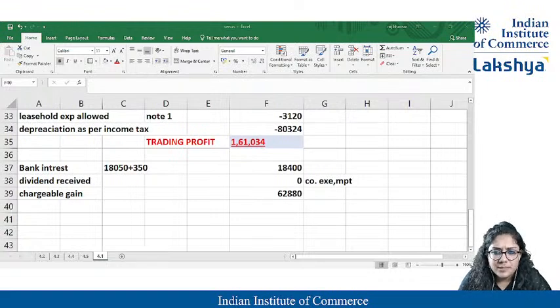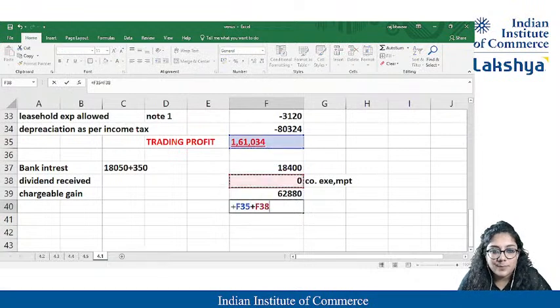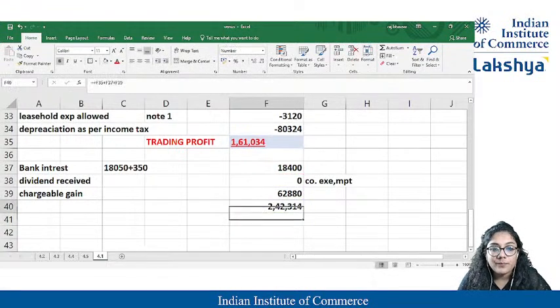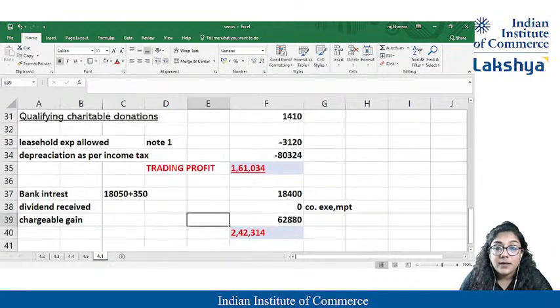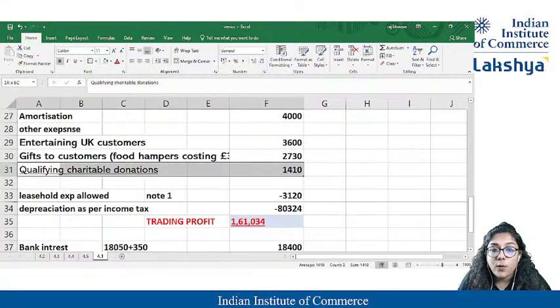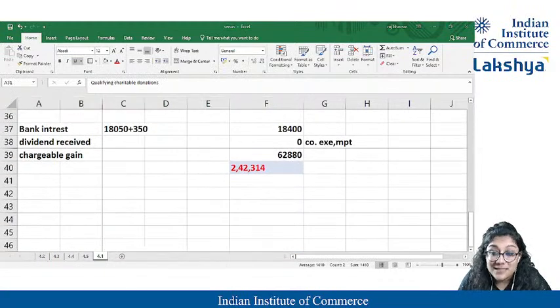Okay, ma'am, now what is the total? Am I supposed to add anything? Not really. But adding this plus this plus this, I'm getting 242. Agreed. Am I supposed to reduce anything? Guys, you remember one thing? Over here I am allowing this qualifying item. I'm adding it, but after taxes we have to reduce that, right?